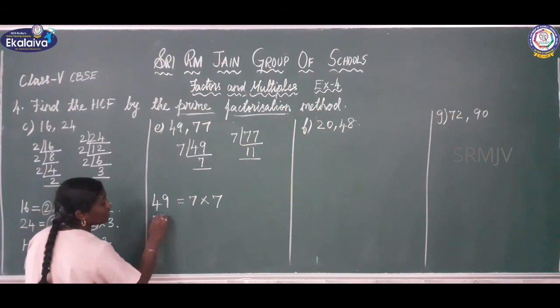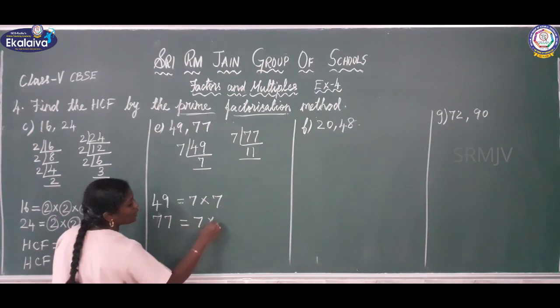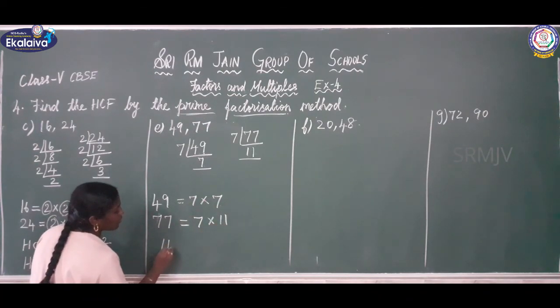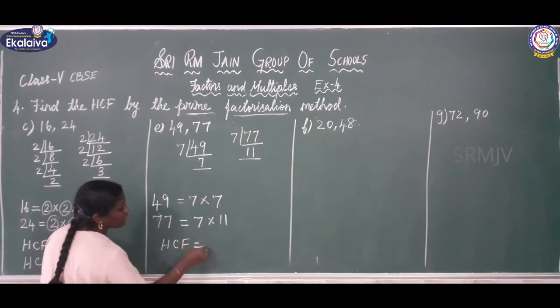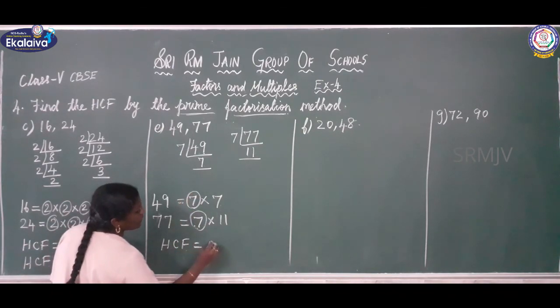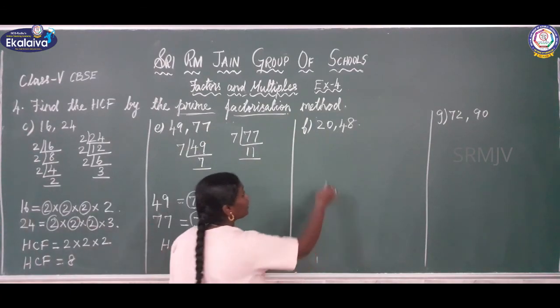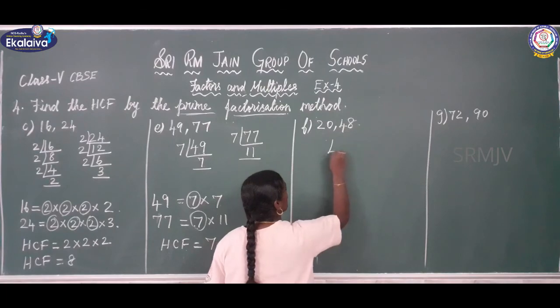So the prime factorization of 77 is equal to 7 into 11. Now we have to find HCF, which is common, 7 alone. So HCF is 7. Is it clear? Then 20 and 48.